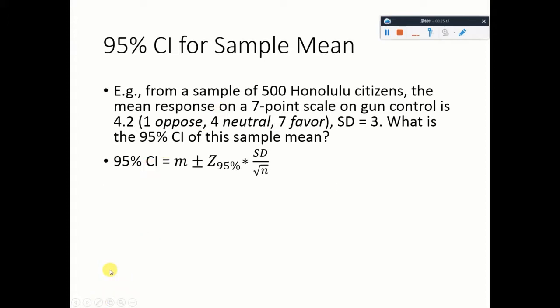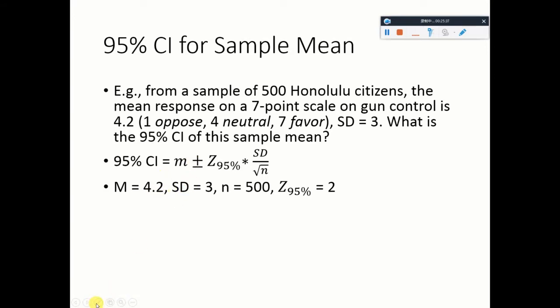So here is what we know. The sample mean M is 4.2, SD is 3, the sample size is 500, and the z-score associated with the 95% confidence level is 2. Now we have everything, so we can plug in the numbers.